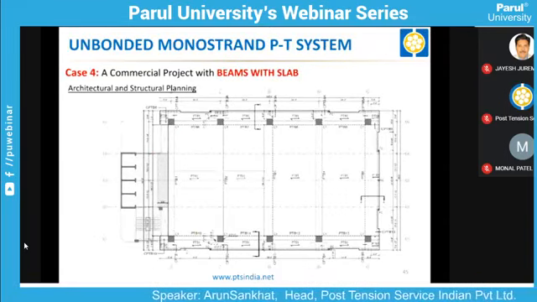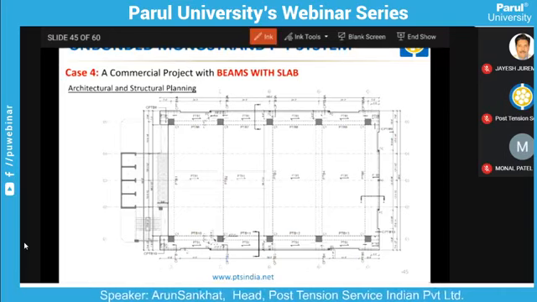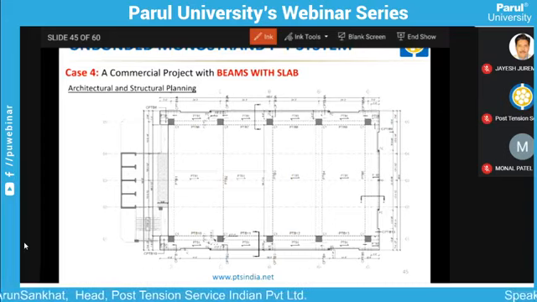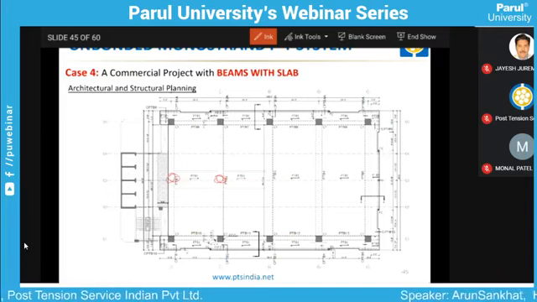Here in this case, beam with slab, the client was not having any problem with the beam depth. It was in RCC initially, in design. During that RCC design, these are the columns here.